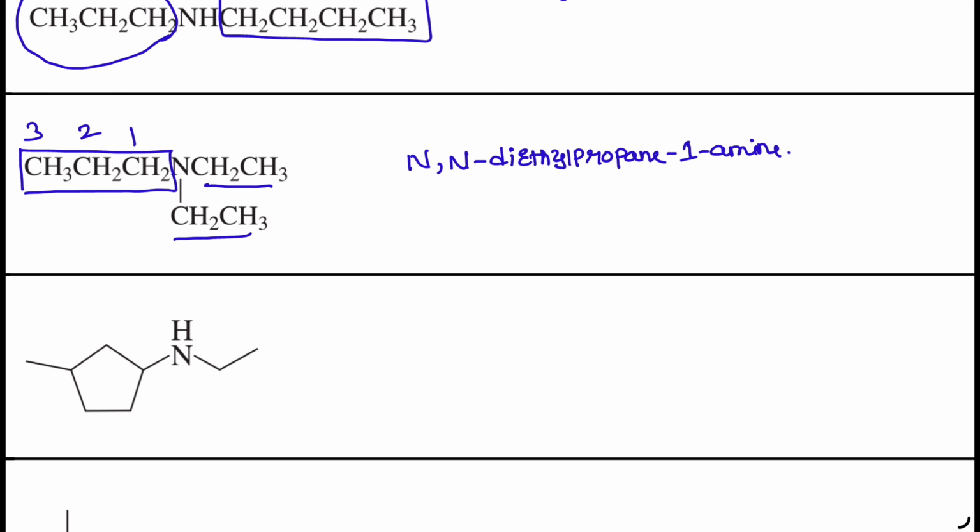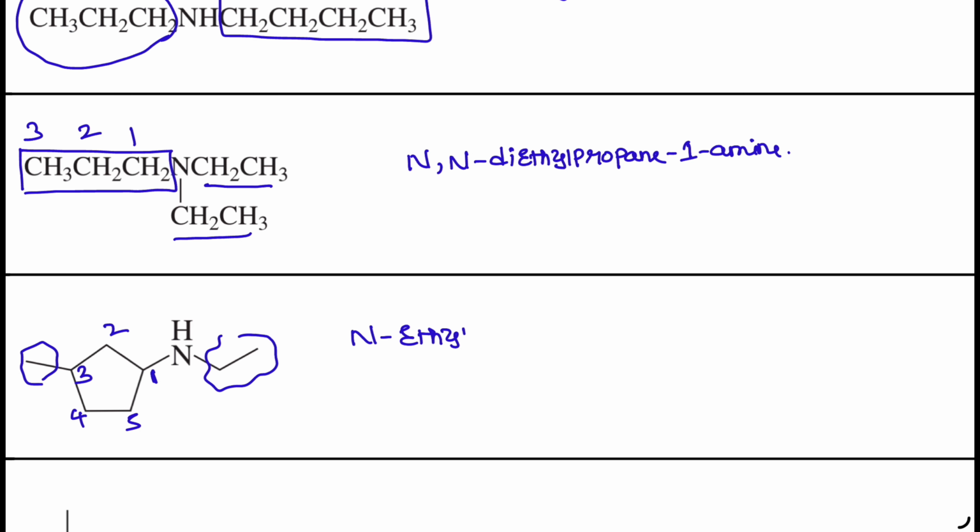Now it is again a secondary amine. So this is one group with 2 carbons. This is with 5 carbons. Obviously this is the longest chain, functional group at 1, 2, 3, 4, 5. This is ethyl, this is methyl, alphabetical order.